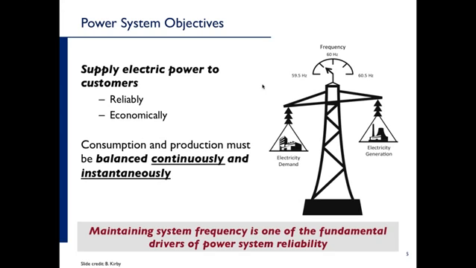We would like to approach some sort of least cost solution to balancing the system, and we also want to balance the system in such a way that it's reliable, so that we're providing electricity to our customers, whether they're residential or commercial or whatever else they might be. And to do all of this, we need to make sure that the system is balanced pretty much all the time. And so what that means is supply must equal demand.